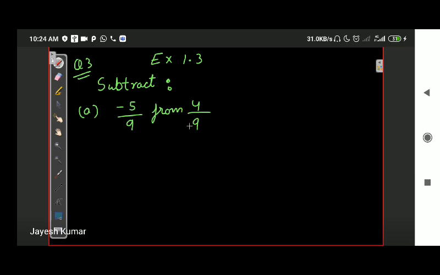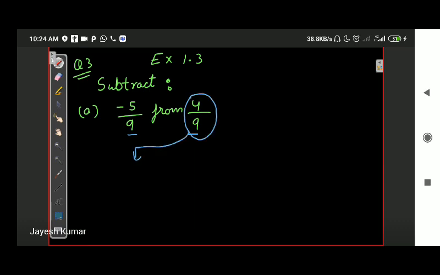Okay. So how do we go through it? First of all, we observe the denominator. As we can see here, the denominator for both the cases is same. That is 9. Okay. And now we have to arrange the subtraction as it is. So what I told you earlier is the number after from comes first.